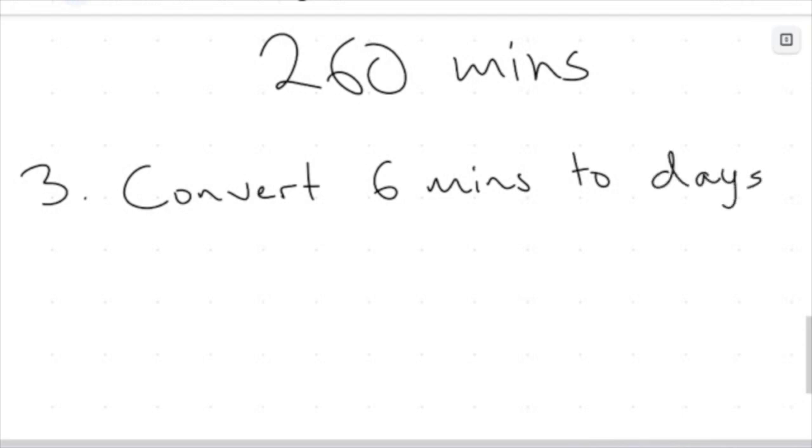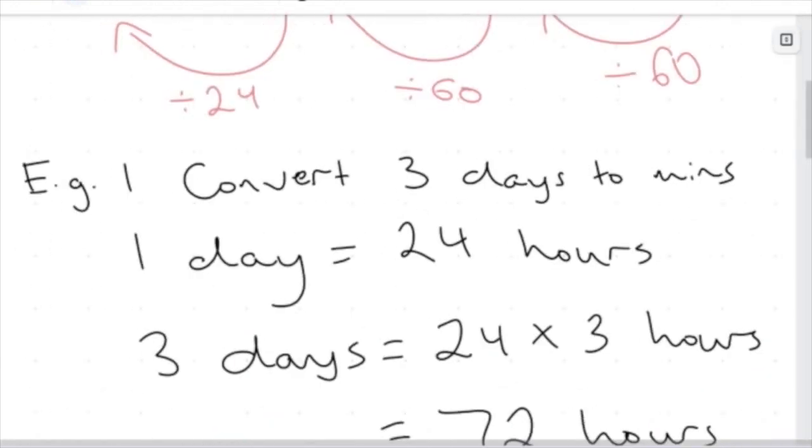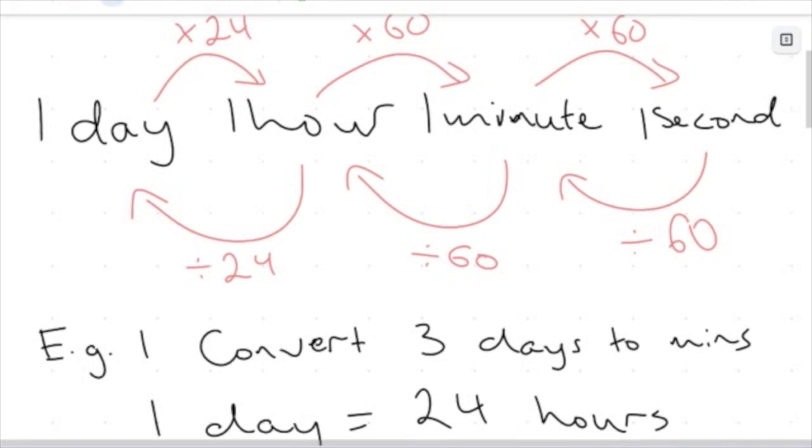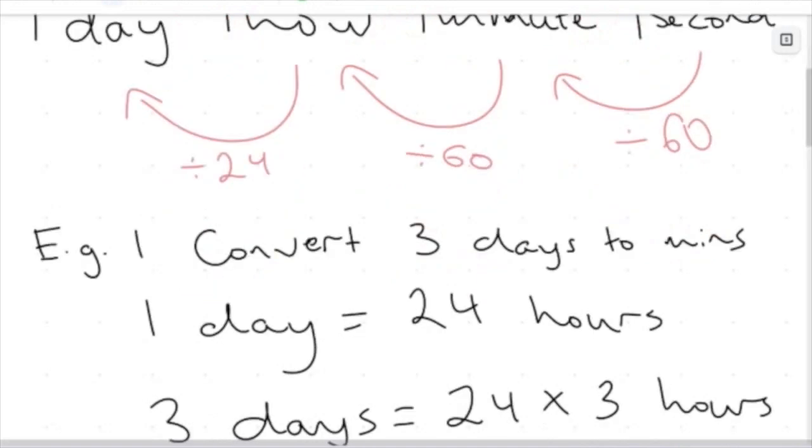Well, now I want to go the other way, right? I want to trace back because I'm going from minutes to hours to days. So I'm going the other way. So since I'm dividing by these numbers, you would expect this to be a really, really small number when I end up calculating it.